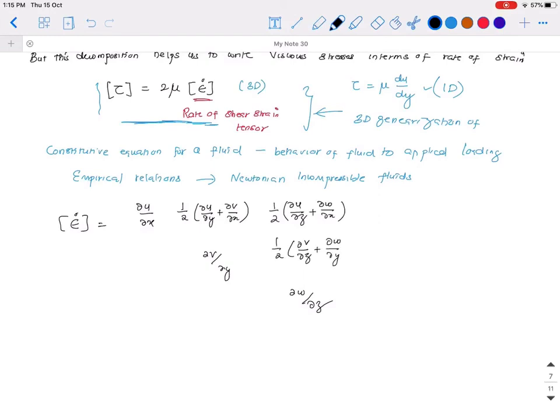Dou w by dou y. Okay, and this is symmetric. We have derived this in third chapter.